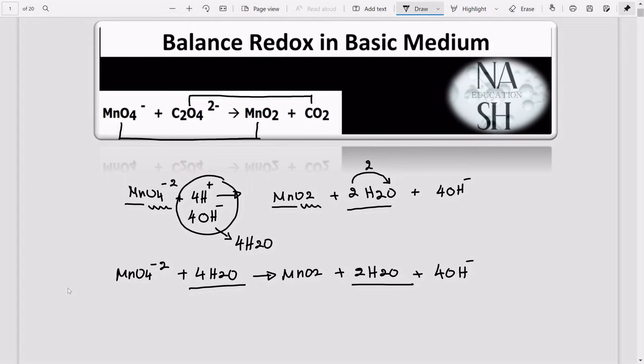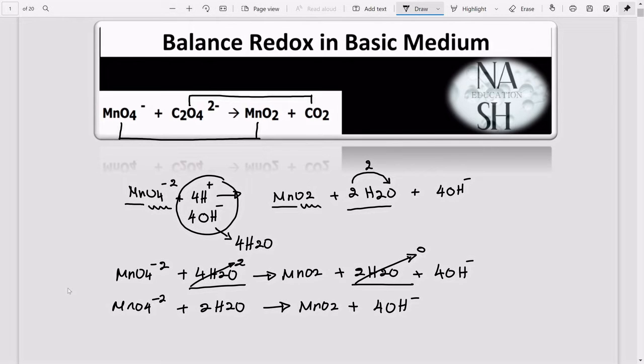That will be simplified by doing 4 minus 2. So the 2 molecules of water will be removed while I will have only 2 H2O in my reactant side. So my equation will become MnO4 minus 2 plus 2 H2O will produce MnO2 plus 4 OH minus.